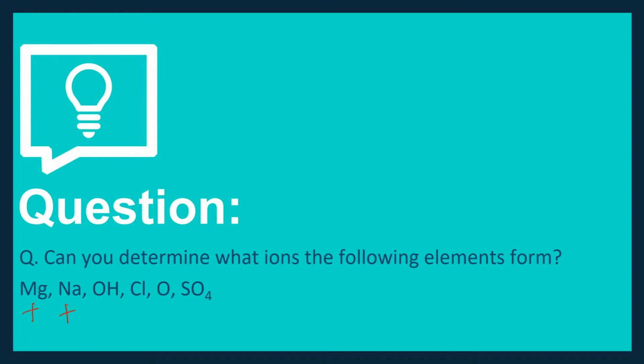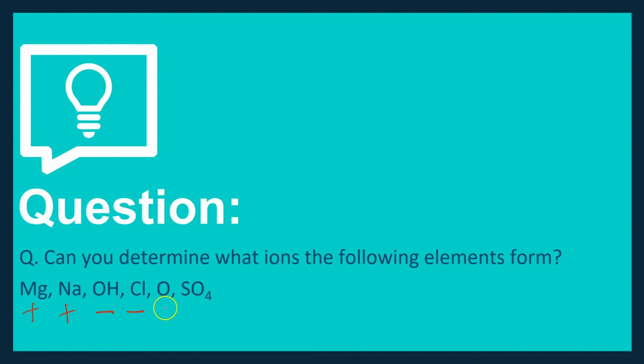Now, our hydroxide group, the OH there, both of those are non-metals, and they're behaving in this instance as a single unit. They're two atoms joined together, but they're behaving like they're one. And so they're both non-metals, so this is going to be a negative. Then we have chlorine, another non-metal, so another negative.